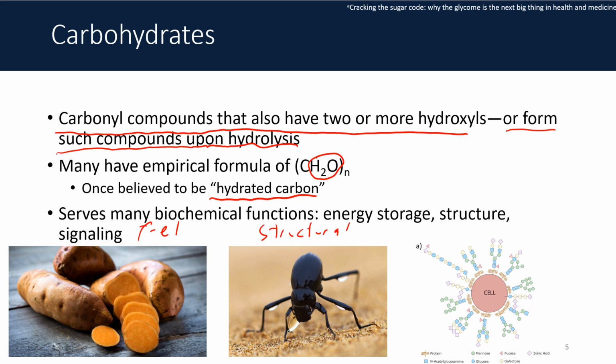roles. Okay? In that picture, that's a dung beetle. They don't have an internal skeleton made of bones. They have an external skeleton, an exoskeleton, and it's not made of an inorganic material like calcium phosphate. It's actually made out of a carbohydrate, one that's kind of hard to digest.